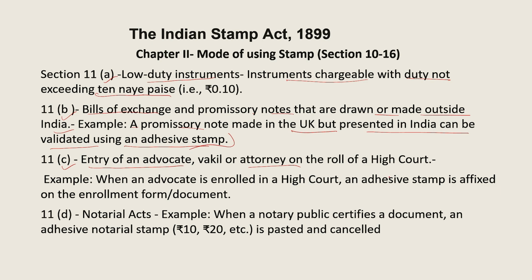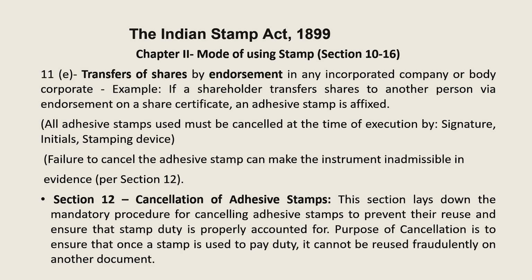When an advocate is enrolled in the High Court, an adhesive stamp is fixed on his enrollment form or document. Then notarial acts. An example is when a notary public certifies a document, an adhesive notarial stamp of 10 or 20 rupees is pasted and cancelled on that. Further, clause E discusses transfer of shares by endorsement in any incorporated company or body corporate. So all adhesive stamps must be cancelled at the time of execution, that is by signature, initial, or stamping device.